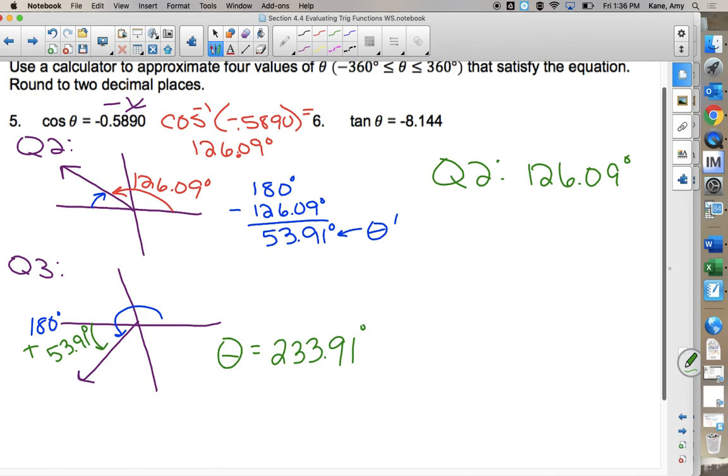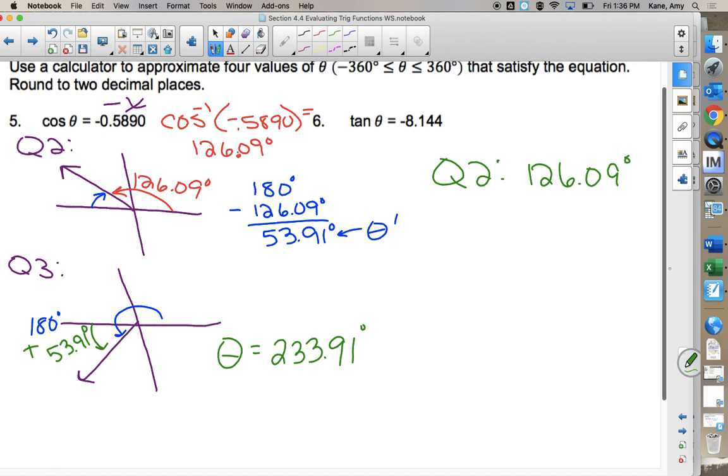I just subtracted it from 360. So that would have been another way you could have done it, because yes, that happens to be this angle here as well, going the negative direction. Other questions?